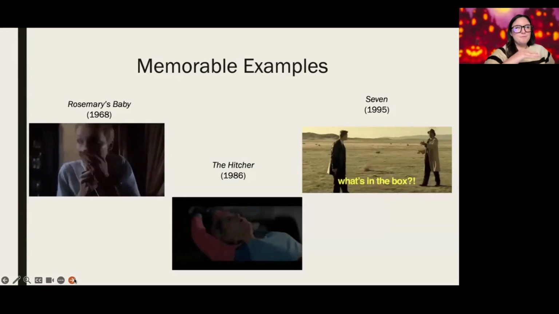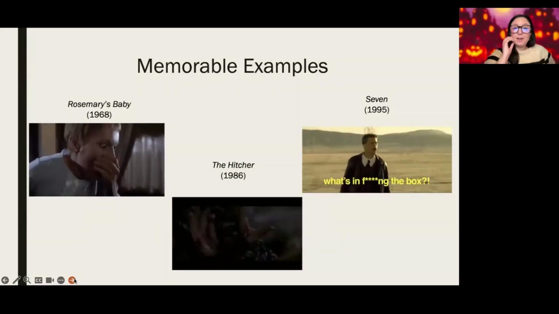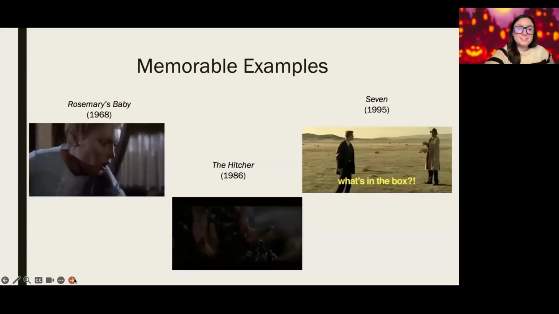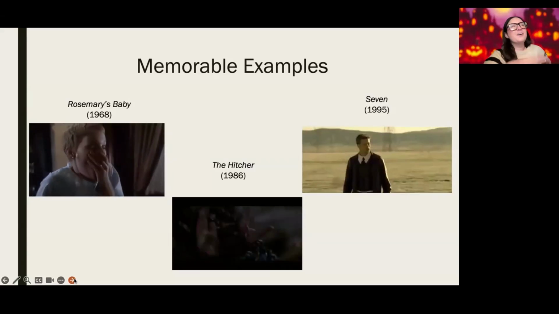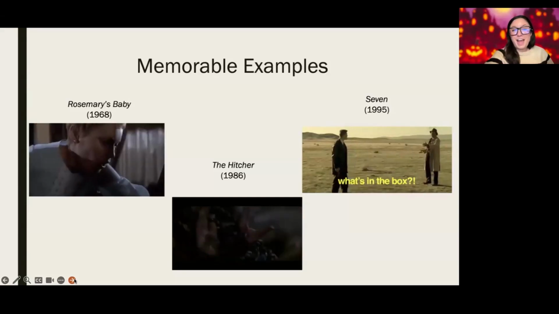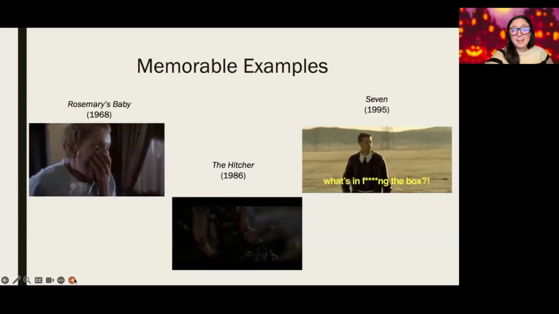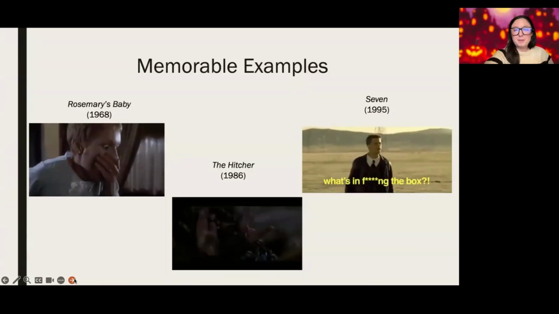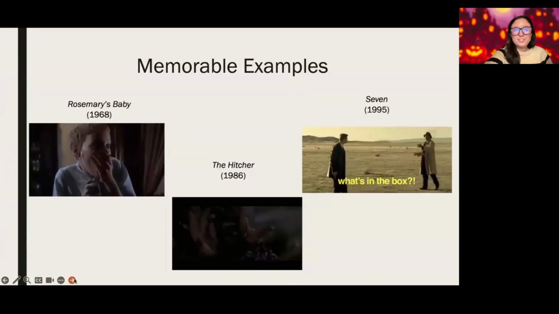You've got this build in tension throughout the film, and then towards the end, Rosemary walks into her apartment, sees the cult around her baby, and looks in the bassinet, and the film itself never shows the baby. We don't get to see what she's looking at.